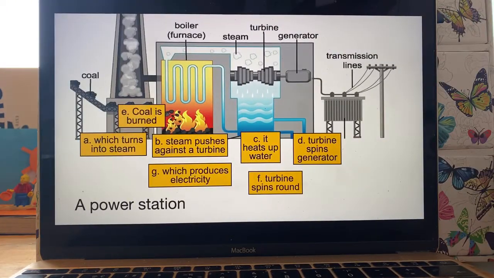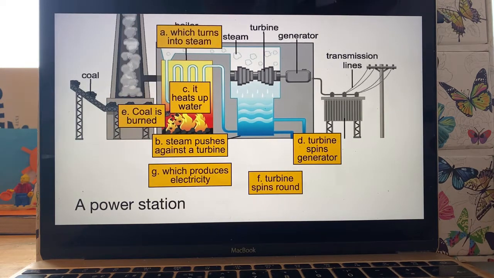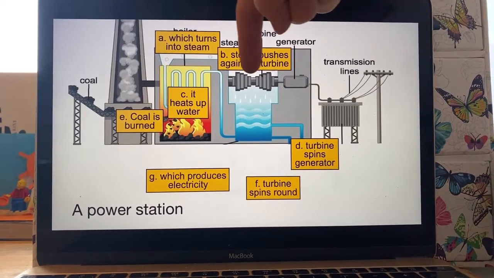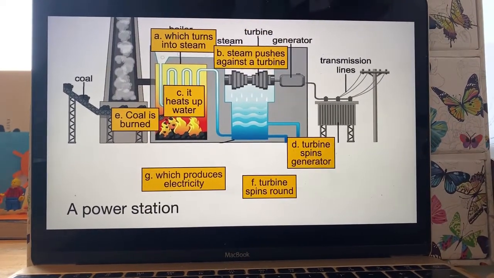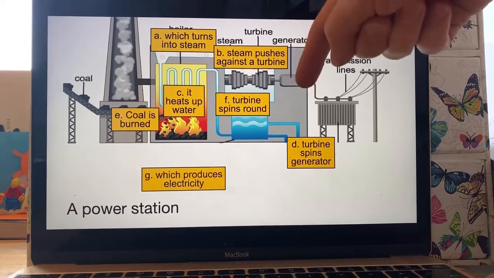The stages are, the coal is burned. That's the first one. The heat energy, which was stored in the coal, then heats up the water. The water turns into steam. The steam pushes against the turbine, that's this thing here, and the whole point of that turbine is to spin around so that it makes something inside the generator spin around.